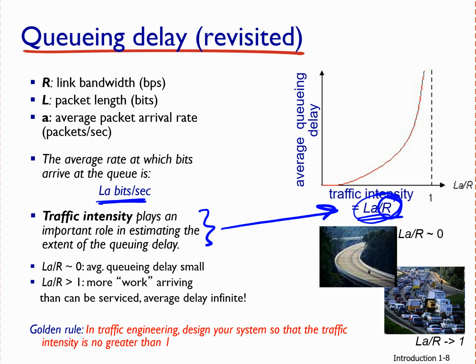That means the arrival rate is small compared to the transmission rate, which means that every packet we receive will be put on the link and pushed to the other side. The same thing for the next packet and so forth. The problem is if the link bandwidth is not enough to handle all these packets arriving, which is close to 1.